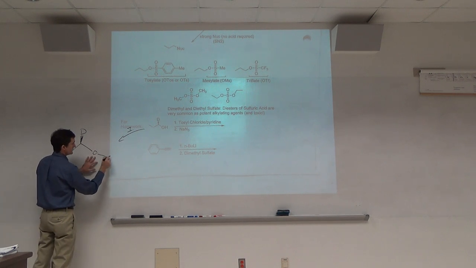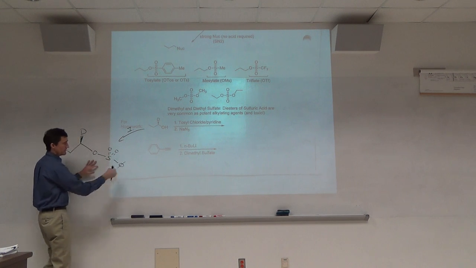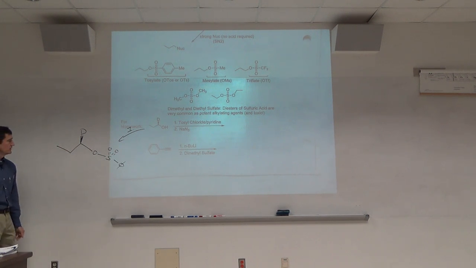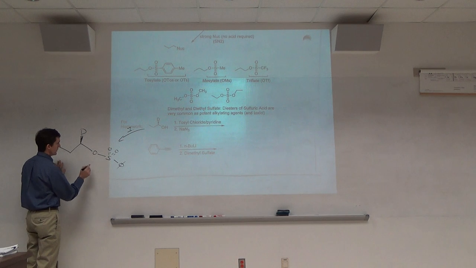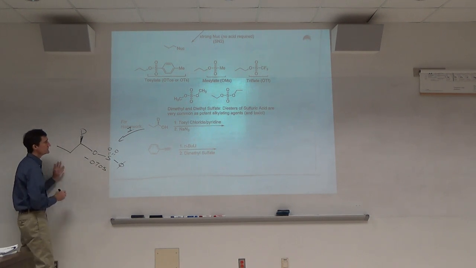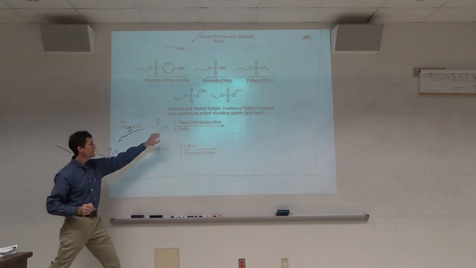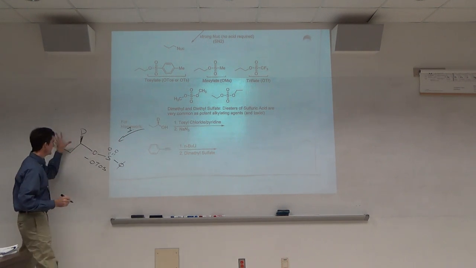I'll draw it out, or at least partially. That's generic for the aromatic ring there. We have the tosylate, or this might be shown as O-tos. We've already looked at that. That's the first step. This can be isolated.